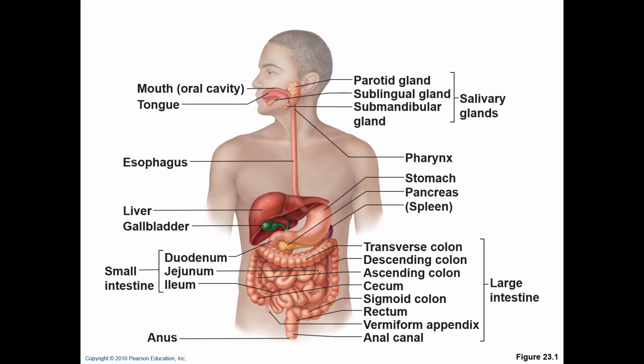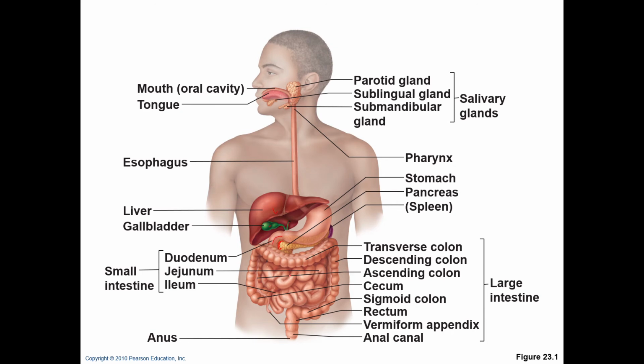So here you see the liver, gallbladder, this is cystic duct, this is the hepatic duct, and this is the pancreas. The head of the pancreas nicely fits into that curve of the duodenum.